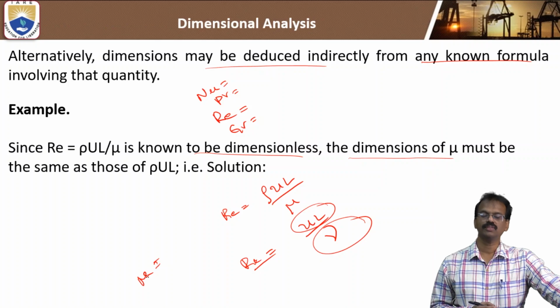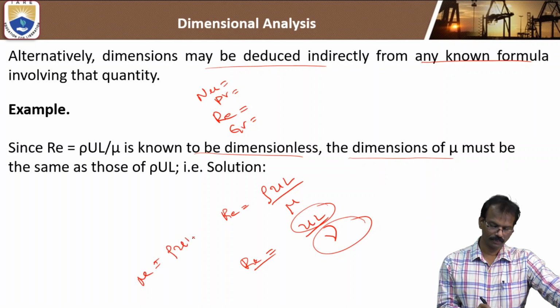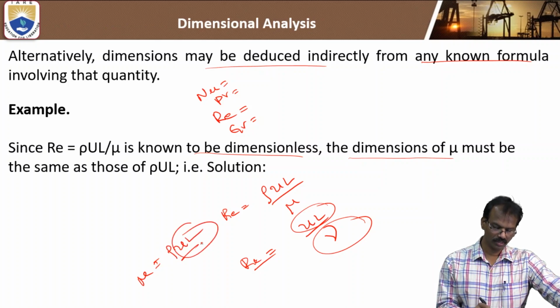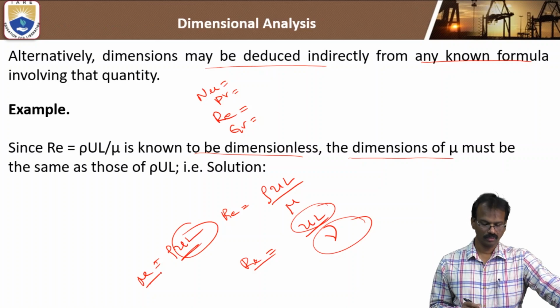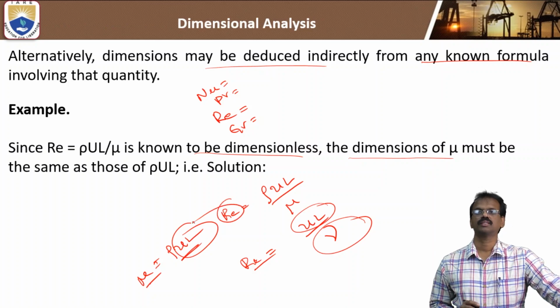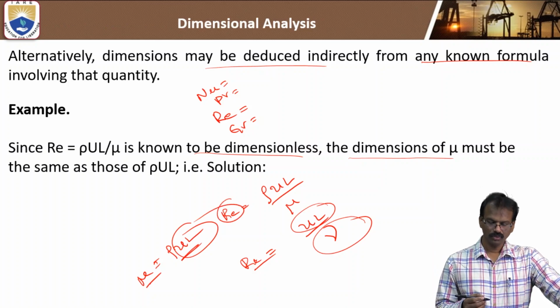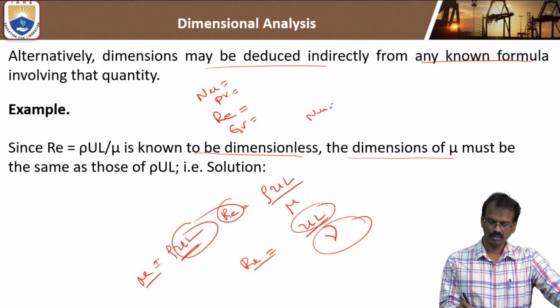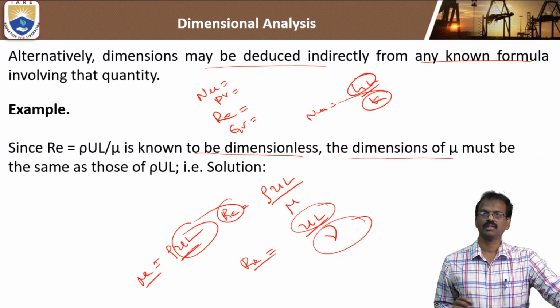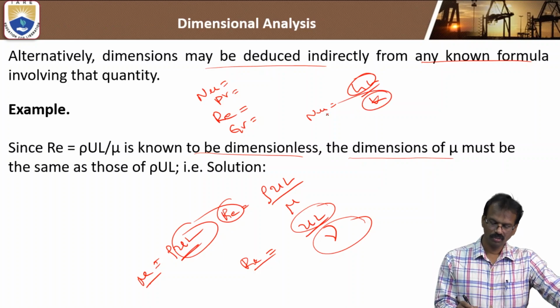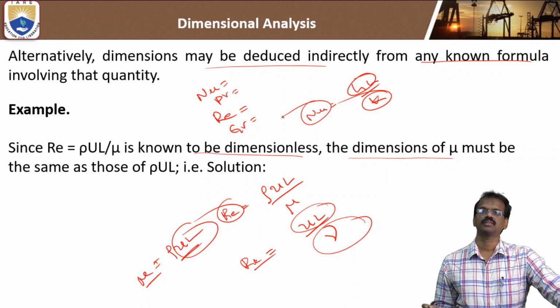The dynamic viscosity has the same dimension as rho ul, so Re is a dimensionless number. Similarly, Nusselt number is hL by K. The dimensions of hL are equal to the thermal conductivity dimensions, so Nusselt is a dimensionless number.